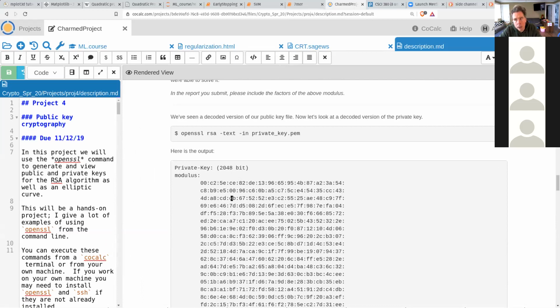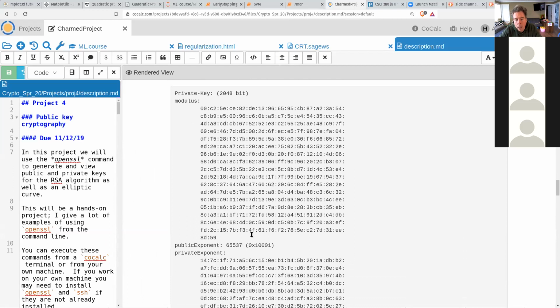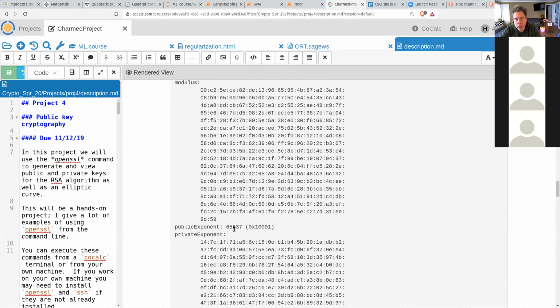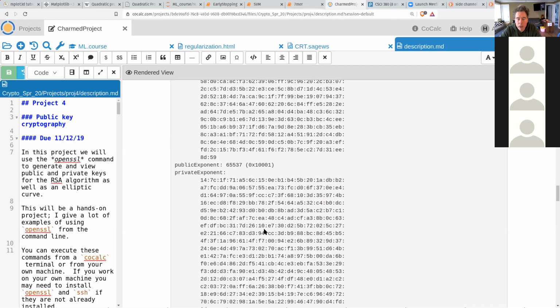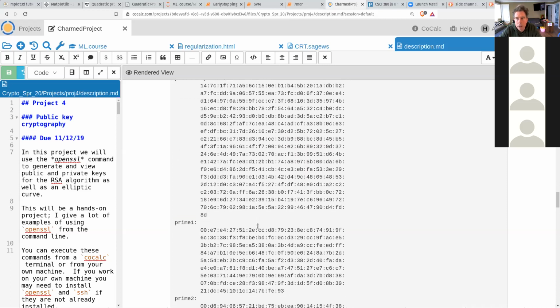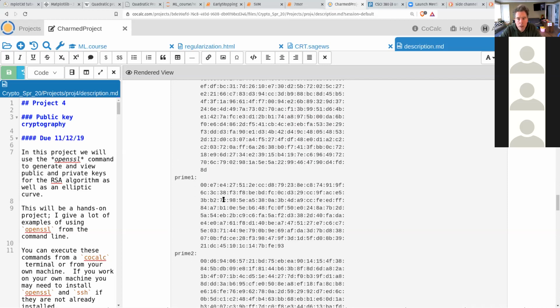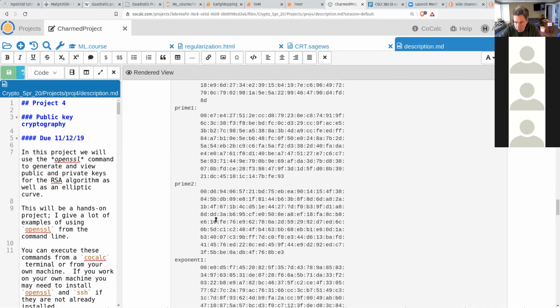Here's the modulus, in hex. And here's the public exponent, which is 2 to the 16th plus 1, which we've said it often is. Here's the private exponent, d. You can see that d is indeed ridiculously big. This is the factorization of the modulus into 2 primes. This is p, and this is q.